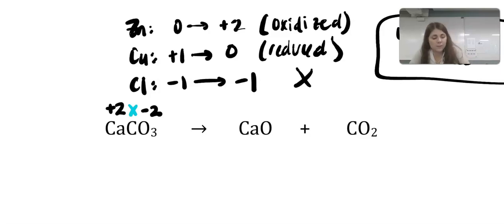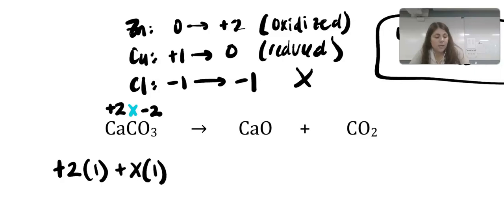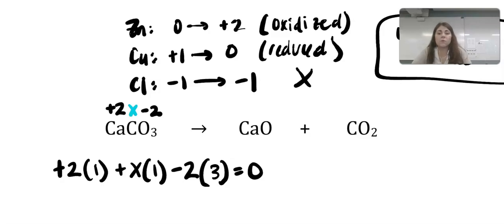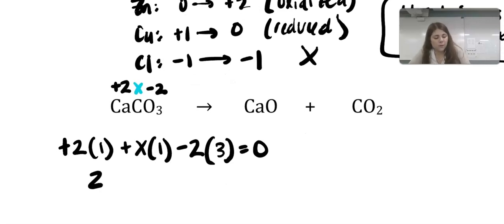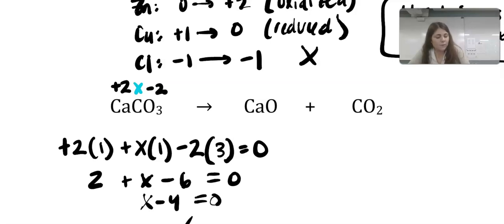So here, calcium is going to be +2, and there's only one of them. Carbon, I'm solving for carbon, and there's only one of them. And then for oxygen, it's -2, and there's 3 of them because of that subscript. So here, all of it should equal 0. So I have 2 plus x minus 6 equals 0. x minus 4 equals 0.